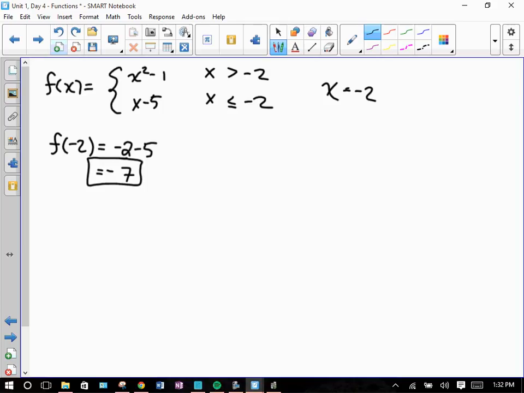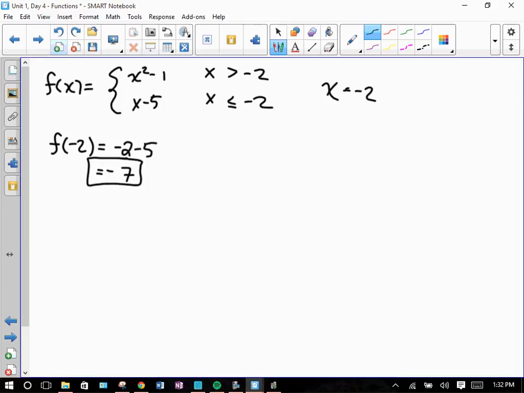Now we need to see if the limit exists. We're not going to look at the graph of this one. We're going to look at the left-hand limit and the right-hand limit. You just plug negative 2 into each of these.